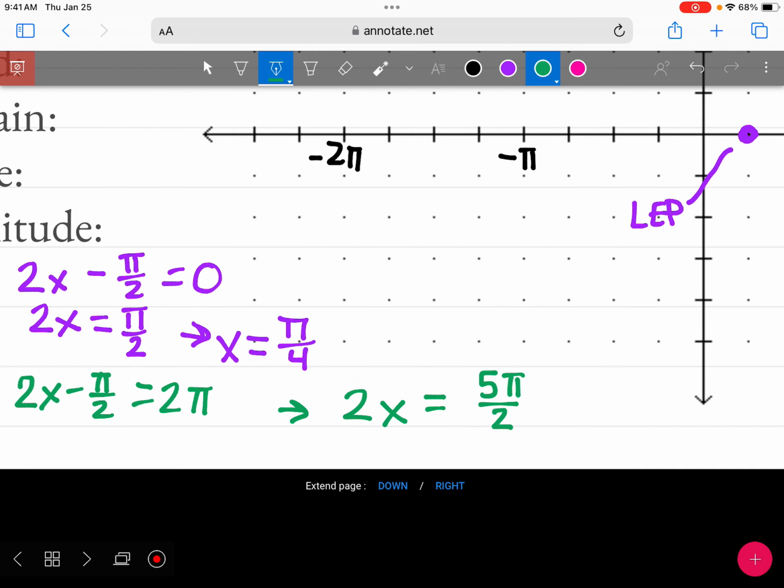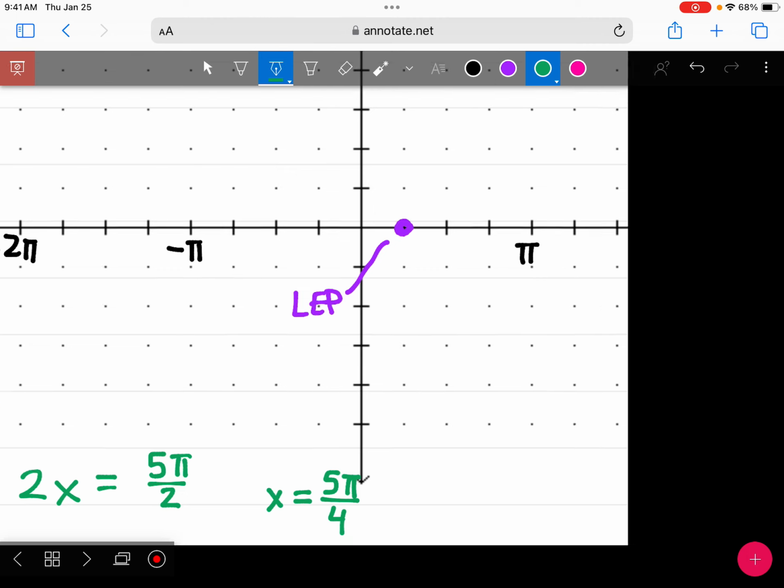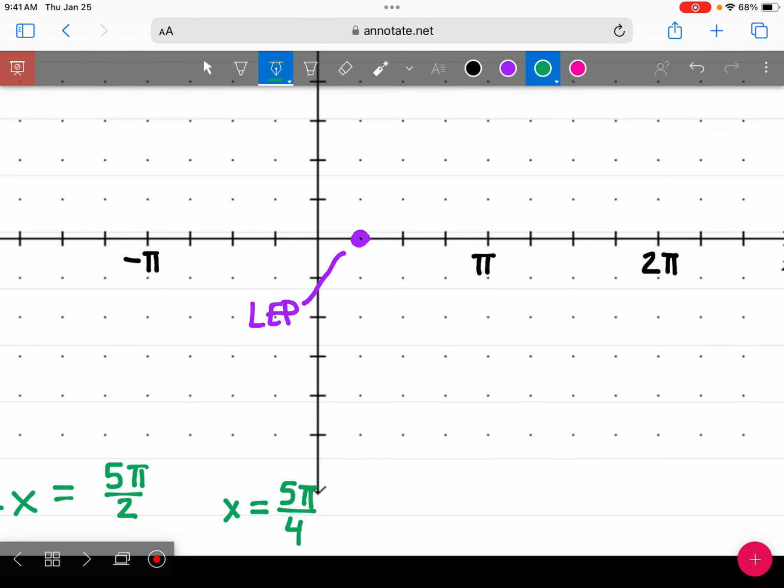So where is our right endpoint going to be when x is what? Five pi over 4. Which is just past pi. So this is our right endpoint.